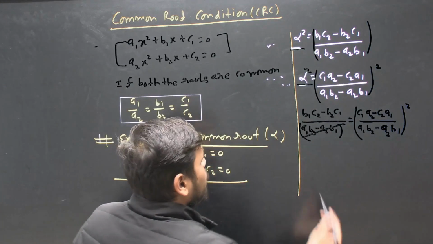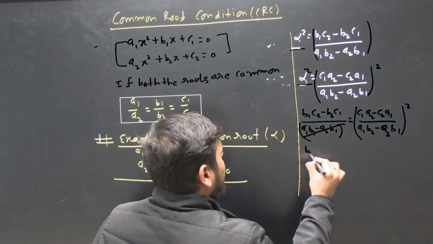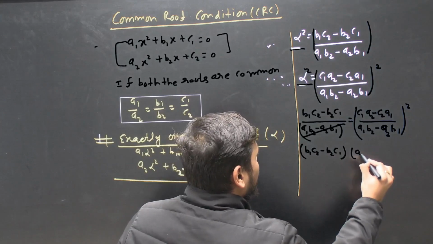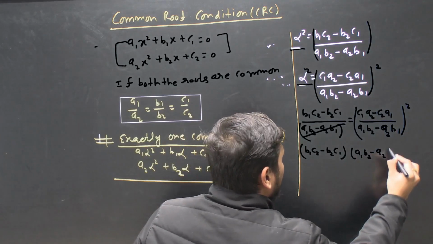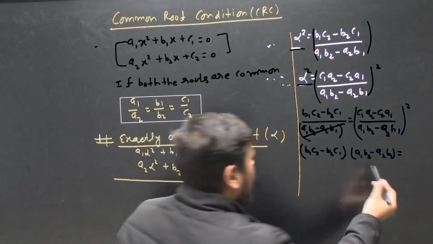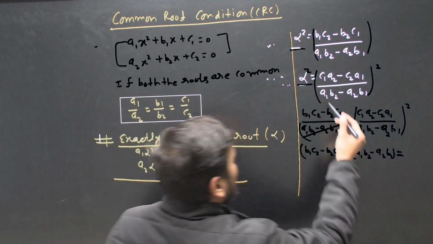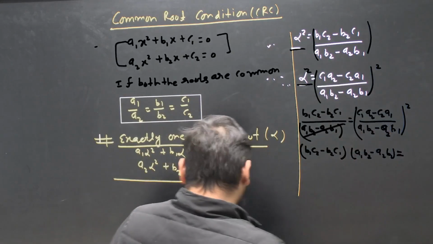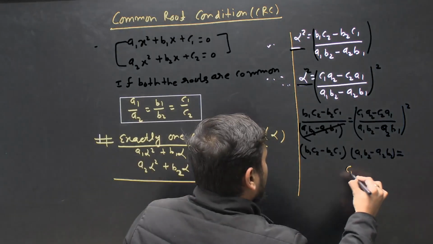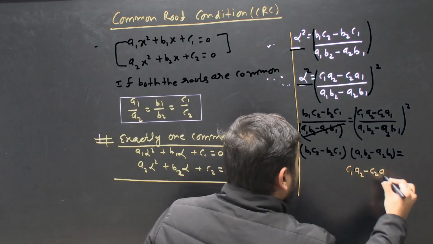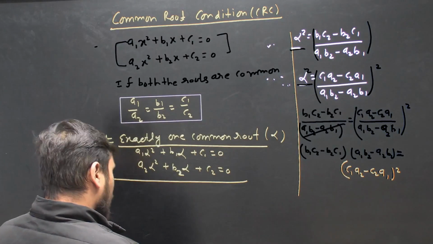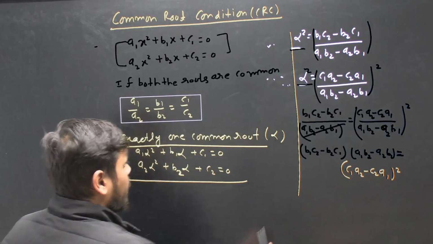So we get b1 c2 minus b2 c1 into a1 b2 minus a2 b1 is equal to, let me write it down here since it is not visible, c1 a2 minus c2 a1 whole square. This is the condition for one common root between two quadratics.